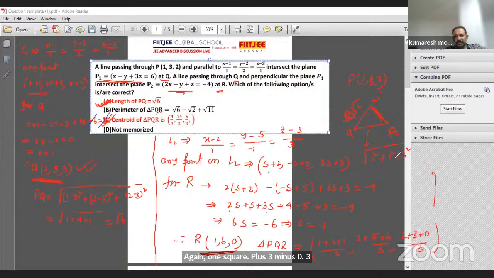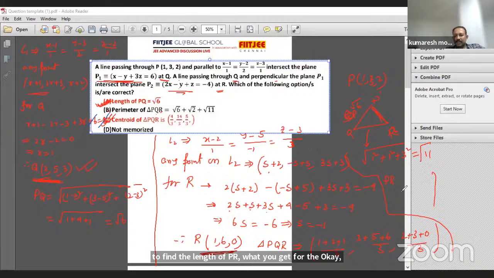So 1 plus 1 plus 9, root 11. Okay, and now we're going to find the length of PR. What do we get for the PR length?